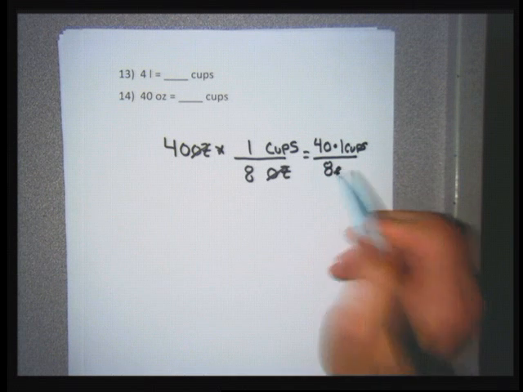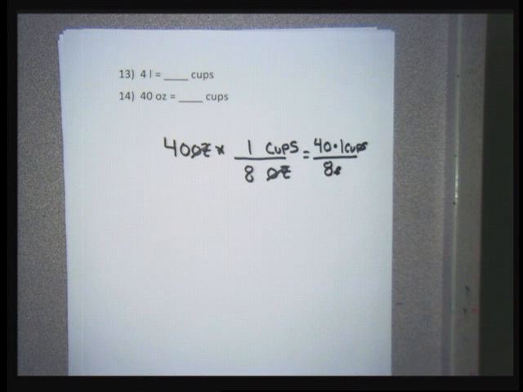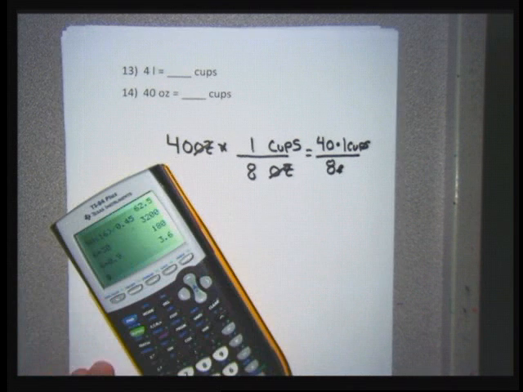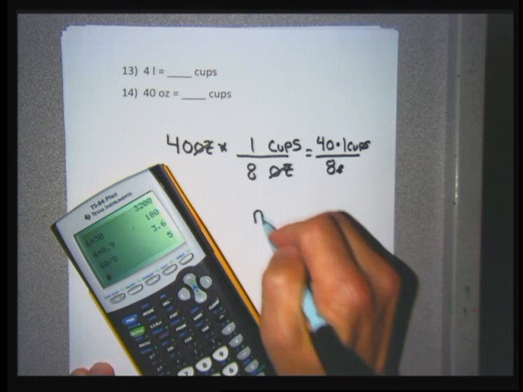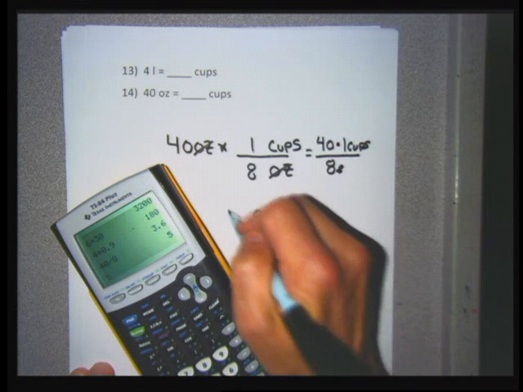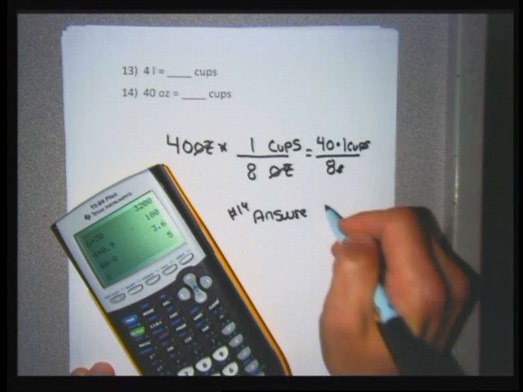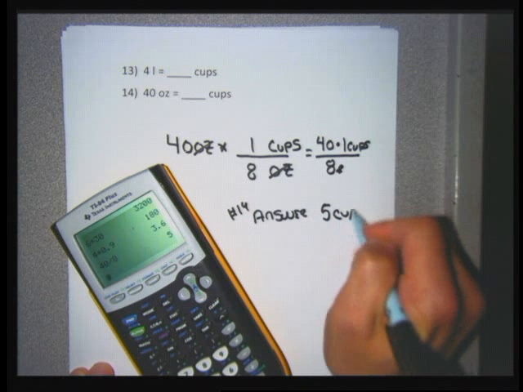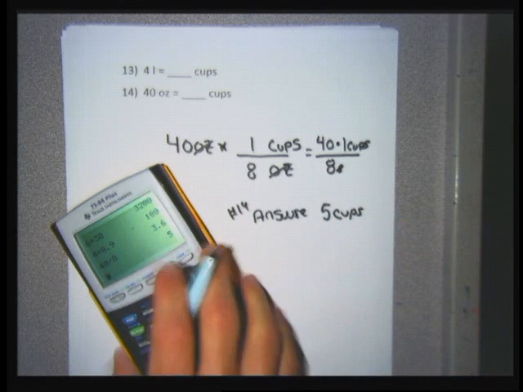The ounces are gone, so just over 8. So really I'm just going 40 divided by 8 because I don't need to do the times 1. And when I do 40 divided by 8, I get 5. So my answer for number 14 is going to be 5, and then the units is cups because I canceled out the ounces.